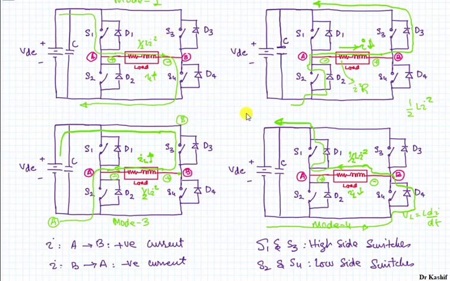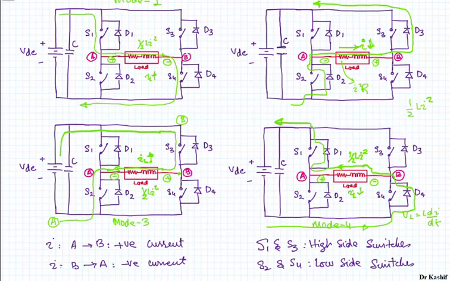So we have applied pulses to the switches S1 and S4 in the mode 4, but they were not conducting because the current was negative at your load, and S1 and S4 cannot conduct in the opposite direction, so the conduction was through the diodes D1 and D4. But once the whole of the energy stored in the load is dissipated in the loop, then your switches S1 and S4 will start conduction.